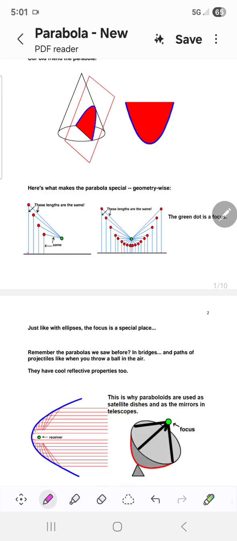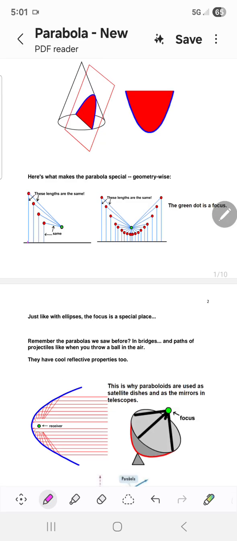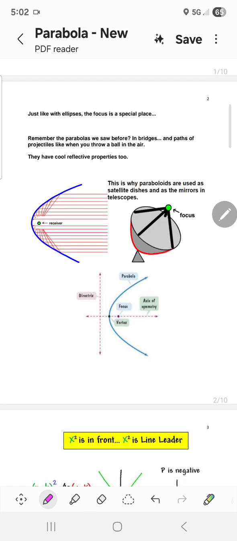The green dot is the focus, and the focus lives inside the parabola. Parabolas come up a bunch. You've seen them all over the place in bridges and paths of projectiles and satellite dishes and all of these things. So you see them all over the place.